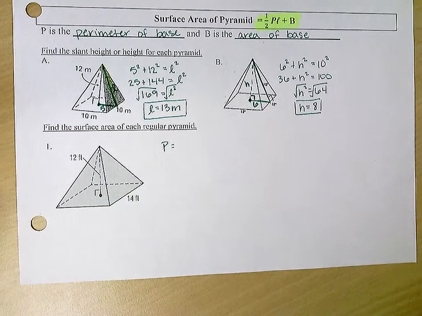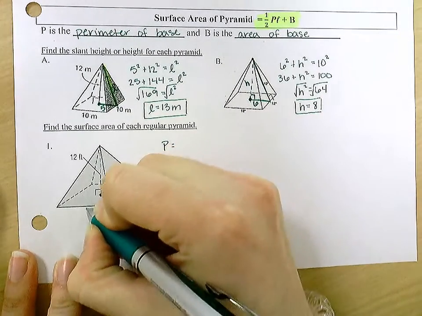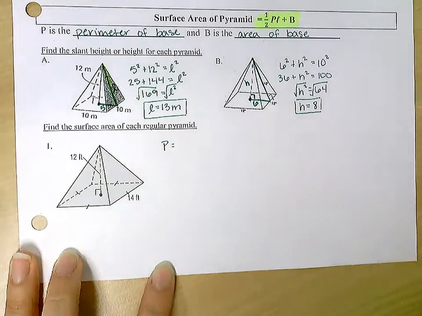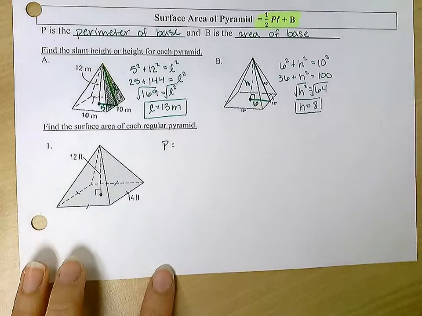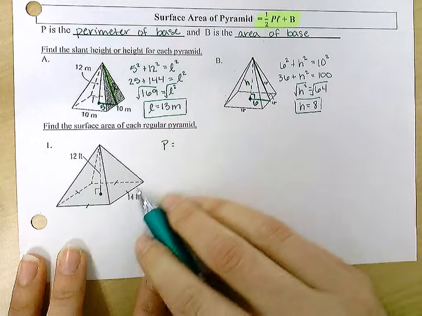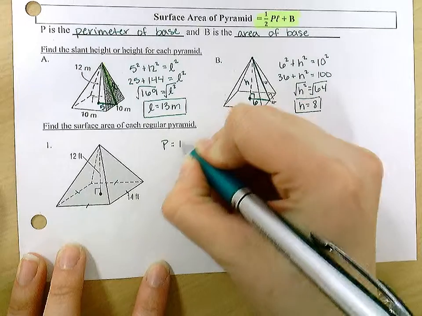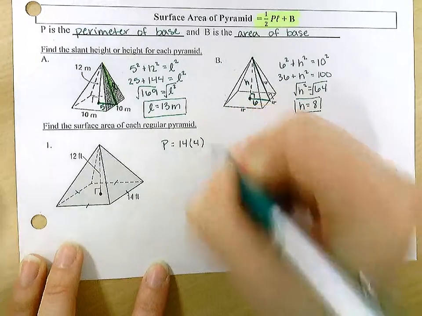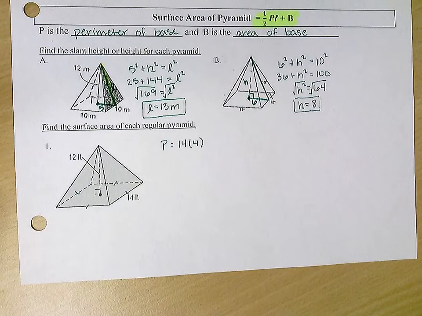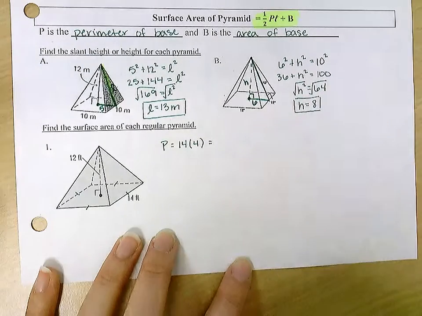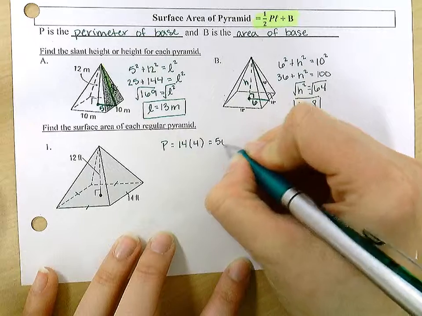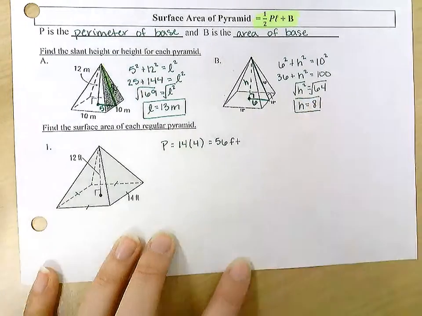Since this is a regular pyramid, all 4 sides are congruent to each other. So you can take that length of 14 and multiply it by 4. You could add 14 4 times. That works as well. So our perimeter is going to be 56 feet.